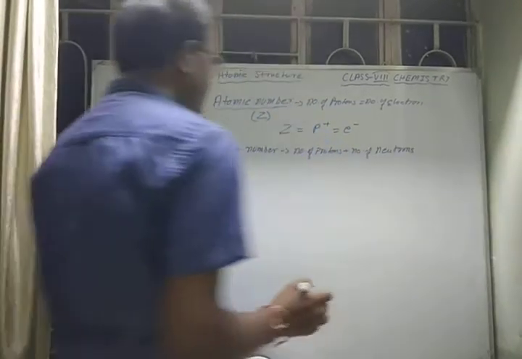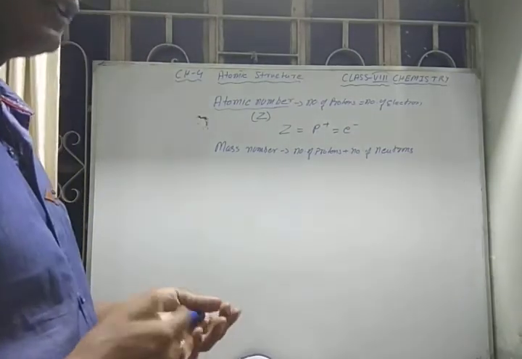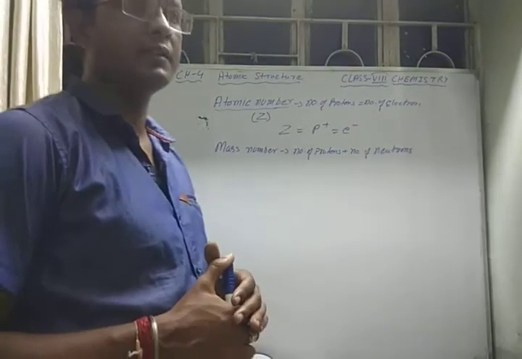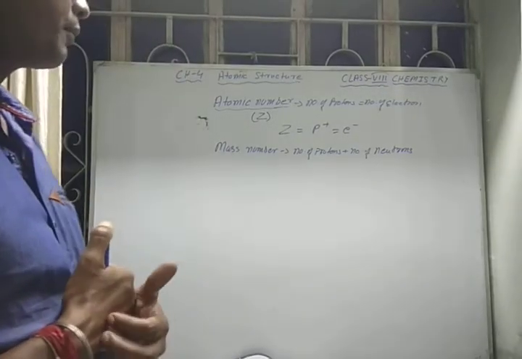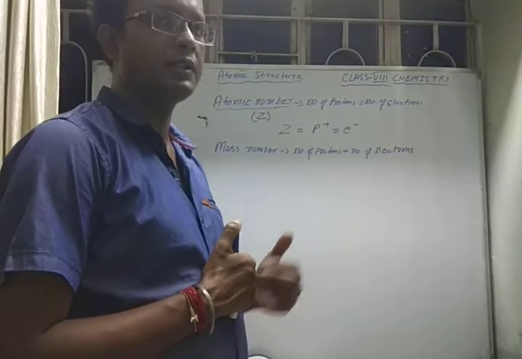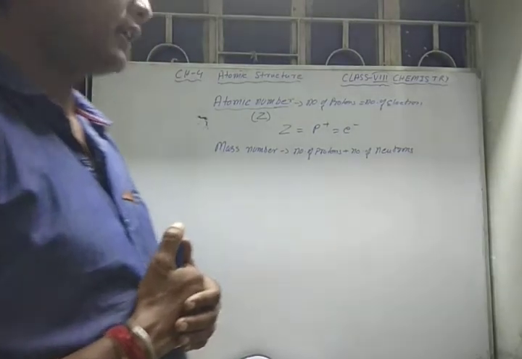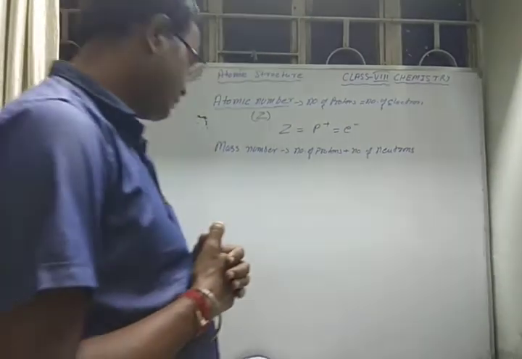As we have seen, the total mass of an atom is concentrated at its center, in its nucleus. So the number of protons plus neutrons gives the total mass of an atom, so it is called mass number.